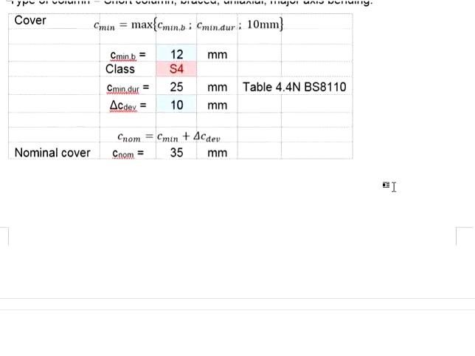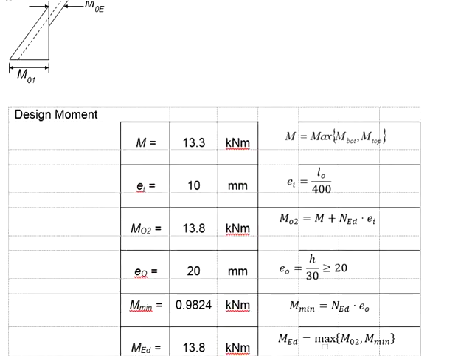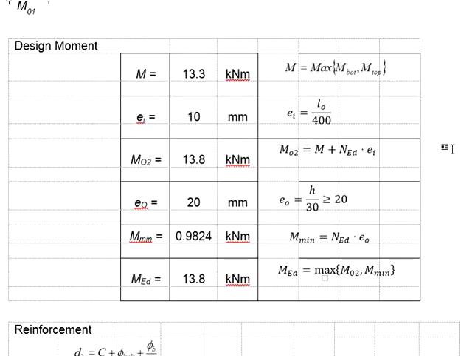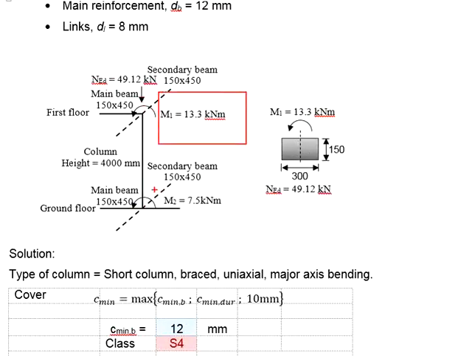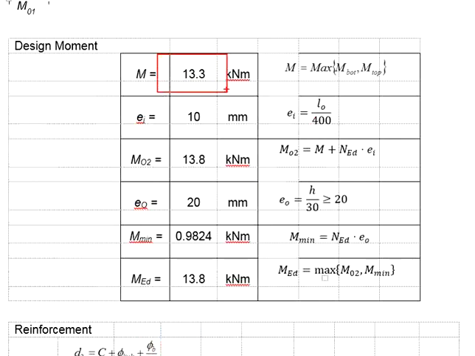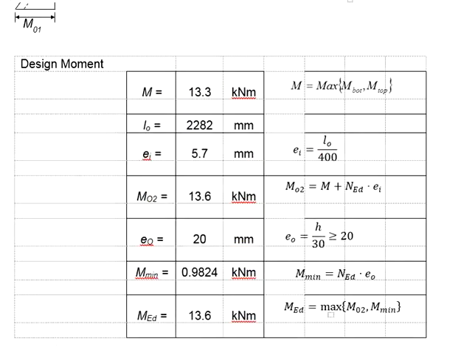Having understood this calculation process, we shall look into the solution. First, we need to get the larger moment acting onto the column. Two moments here, you get the bigger value, 13.3. Next, we determine the ei. We need this ei to determine the imperfection moment, and ei is calculated by using the L0 divided by 400.